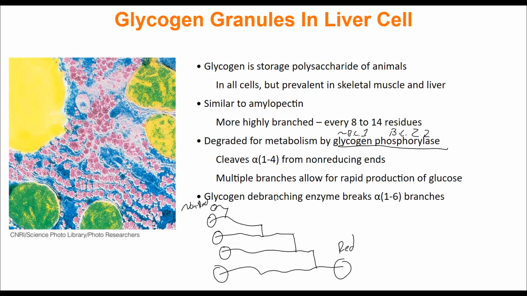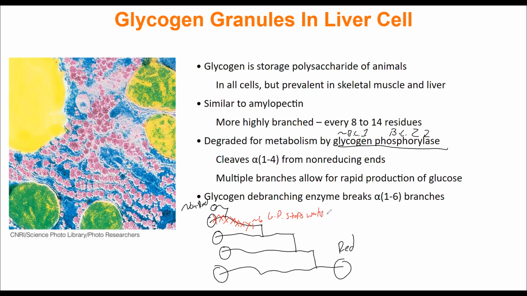Also, a way to speed this, or a way to access the glucose, is through glycogen debranching enzyme. Because when you are breaking down glycogen, like you are releasing glucose in the body, glycogen phosphorylase can't work roughly 6 glucoses from a branch point. So when you're 6 glucoses out from a branch right here, glycogen phosphorylase stops working.